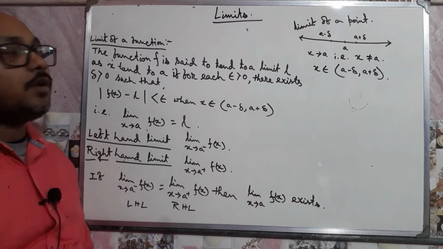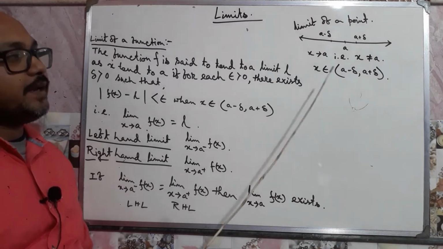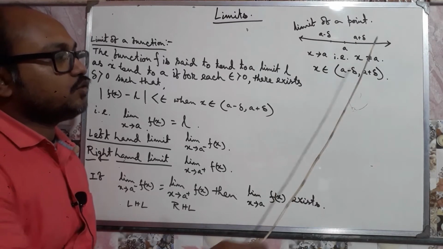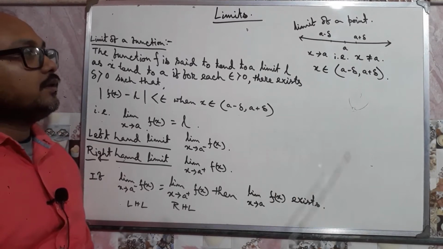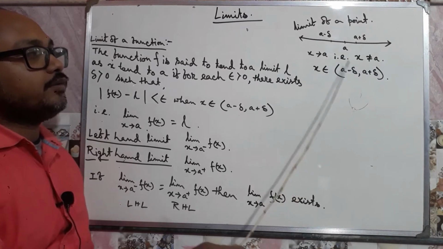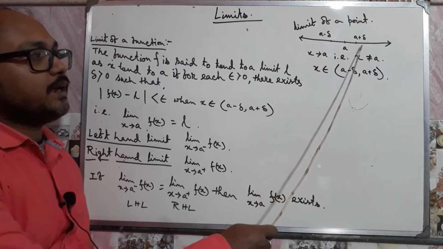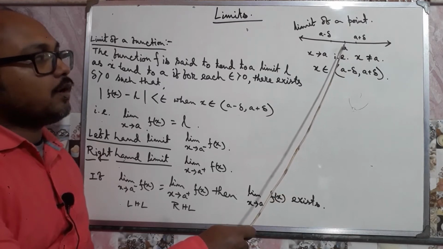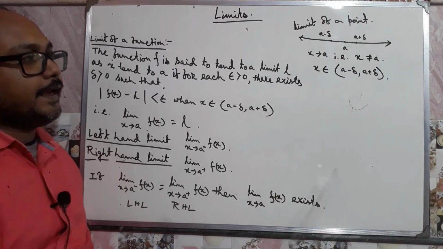So, what is limit of a point? If x tends to a, that means x is not equal to a, but the value of x belongs to the open interval a minus delta to a plus delta, that is the neighborhood of this point a.